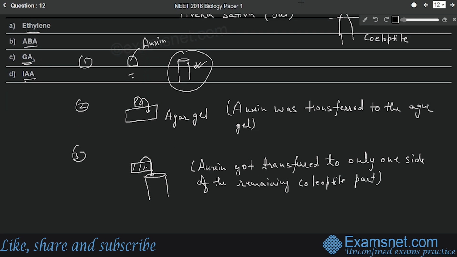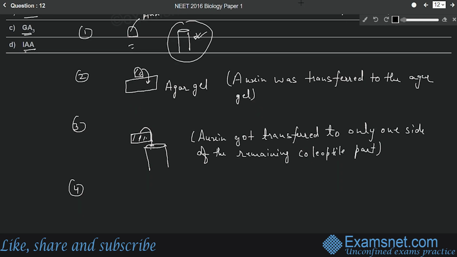And we know that auxin is responsible for the apical dominance, right? That means increasing the length. So due to that, only this side where the gel was kept got increased. Okay. So only one side of coleoptile increased and the other side remained unaffected.